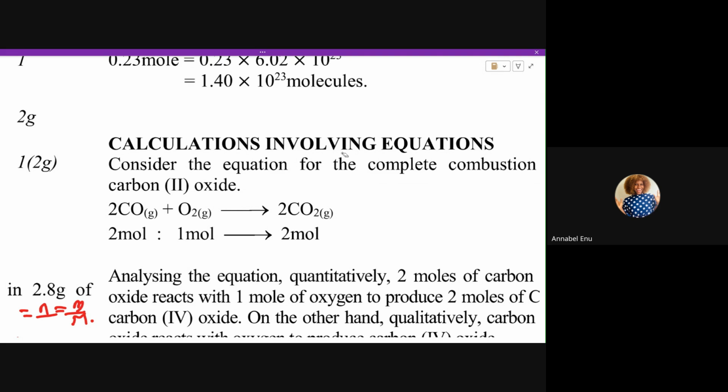Yes, Winner. Melody, if you know the answer, you can also tell us. Based on this balanced equation, 2 moles. That is it.